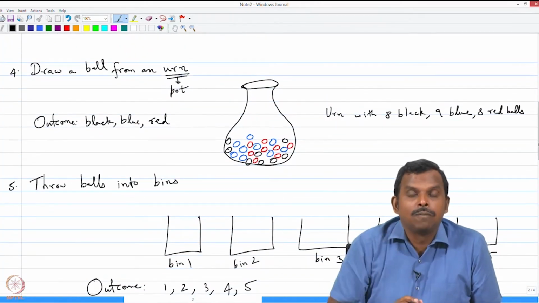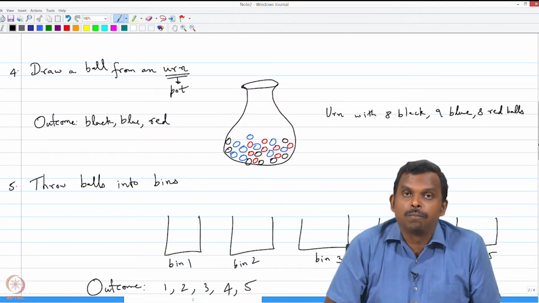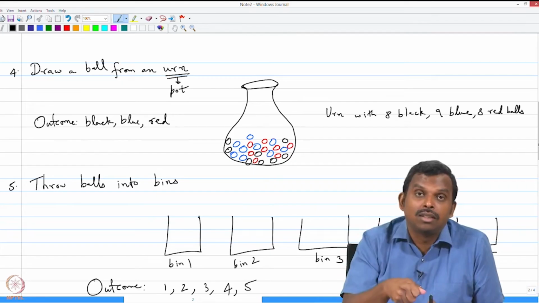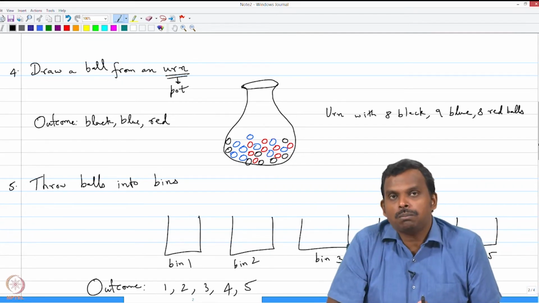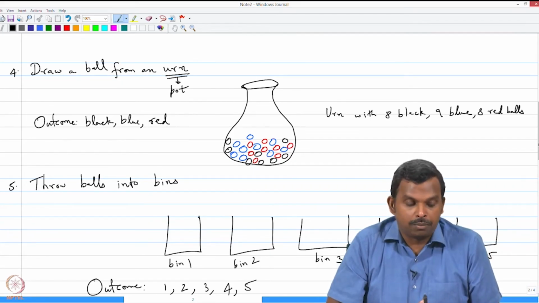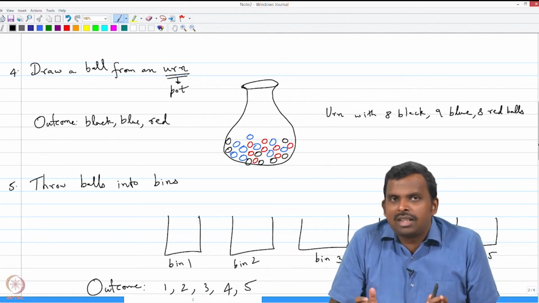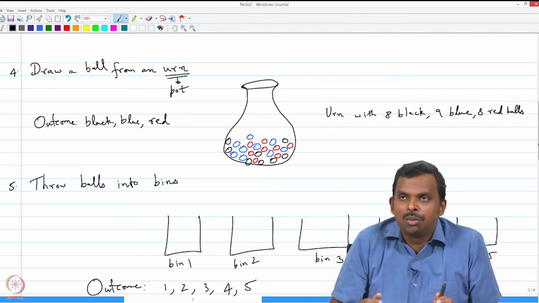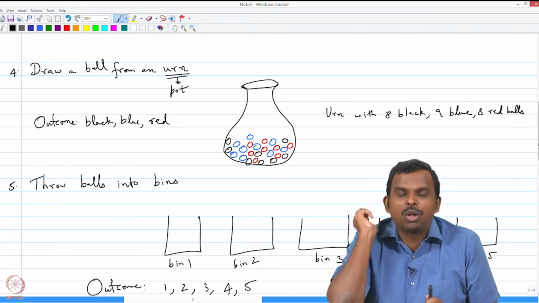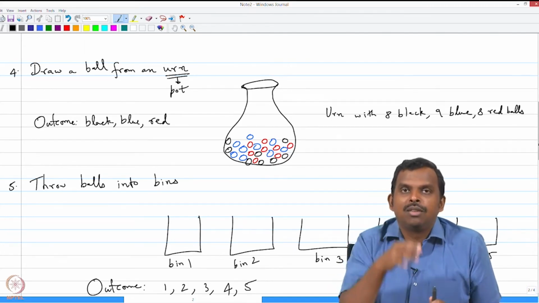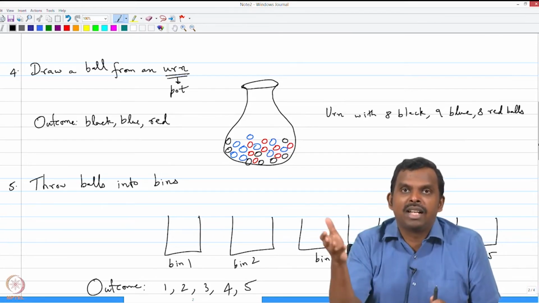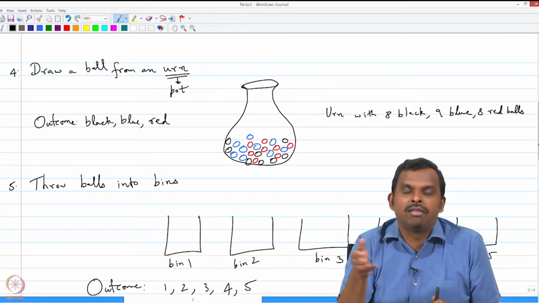The same thing holds for drawing a ball from an urn. Things change depending on whether or not you put the ball back when you repeat the experiment. That's also critical. If you look at throwing balls into bins, it's not really too critical. There's no question of removing the ball from the bin or anything. You could just keep on throwing multiple balls into the bins and finally observe how many balls landed where, first ball landed where, second ball landed where, and so on.